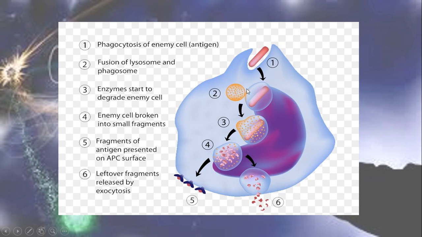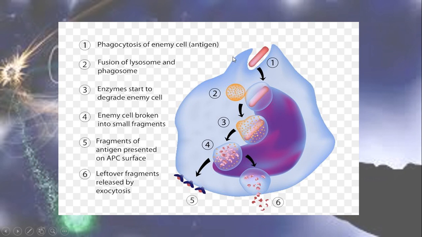Let us see this process of phagocytosis. First of all, this is the macrophage. When the monocyte becomes a macrophage, it will have this structure, which is having some ridges, and this is the process of engulfing, in which the pathogenic agent becomes embedded within the pseudopods.